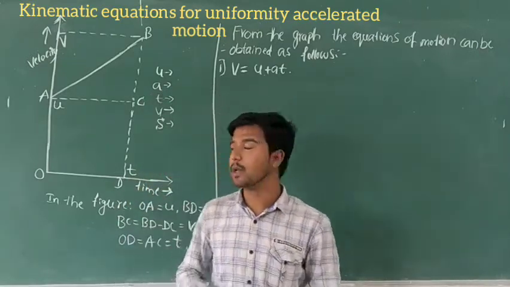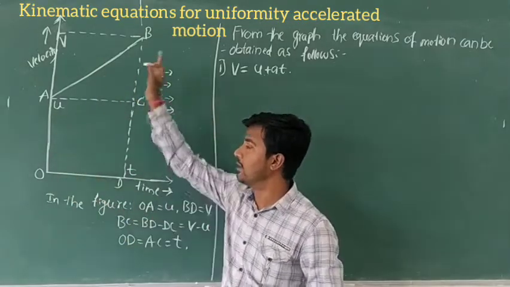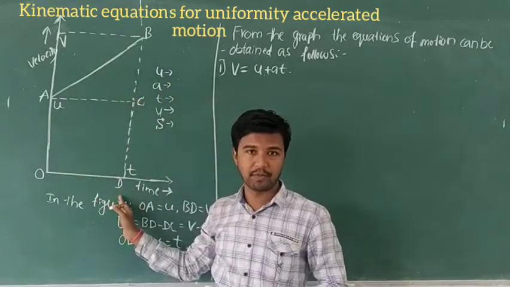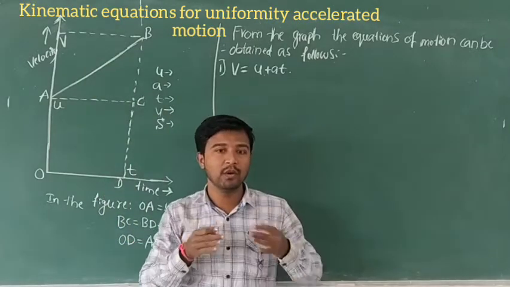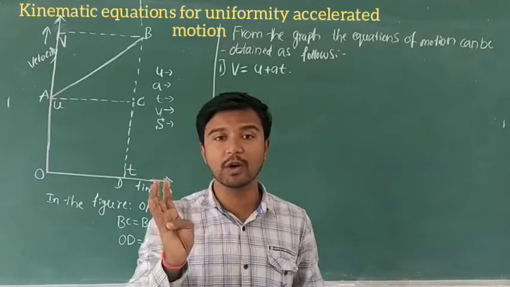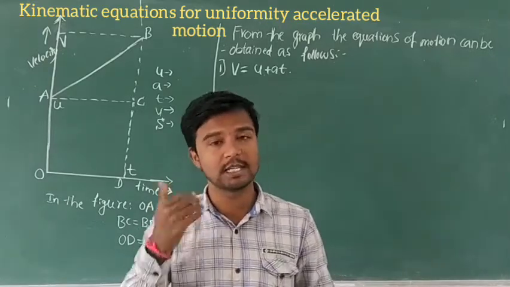This is the arrangement, totally a velocity versus time graph. Using this graph, we have to derive the equations v equal to u plus at, s equal to ut plus half at square, and the last equation.